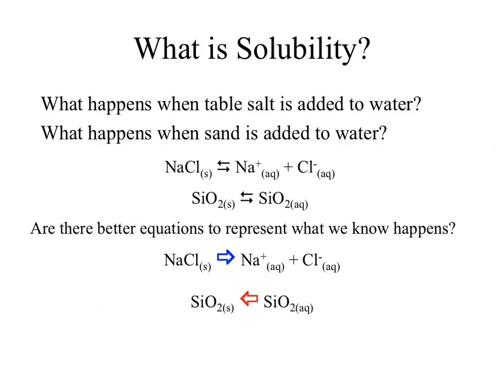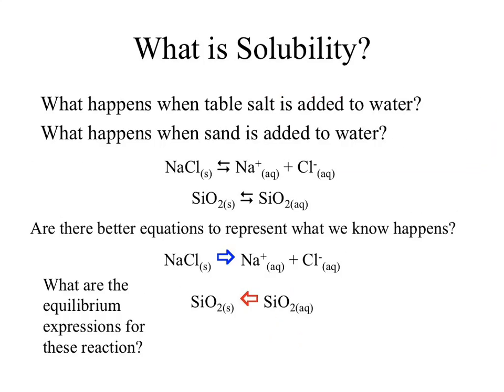If we tried to do equilibrium expressions for these, what would the size of the equilibrium constant be for sodium chloride? Big or small? Really, really big, because it completely dissociates into the ions. We have no concentration of reactant.